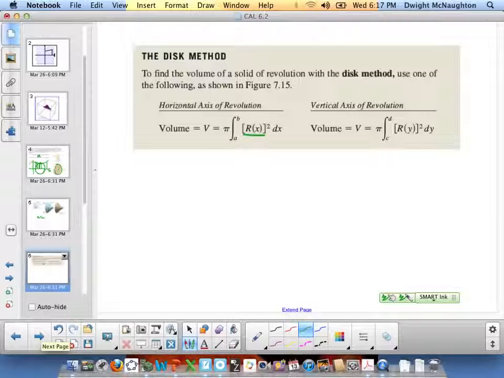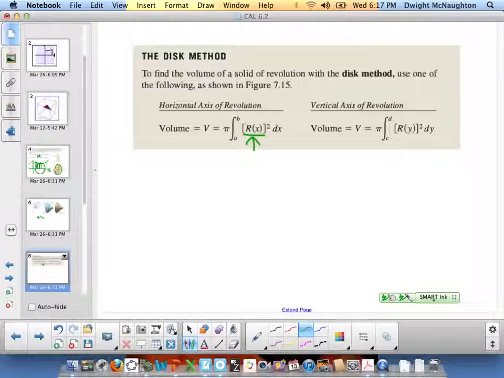So our volume, when we have a horizontal axis of revolution, will be the integral of pi r squared dx from a to b, where r must be in terms of x. Or if you rotate around the y-axis instead, you do pi r squared dy from c to d, where r is in terms of y.